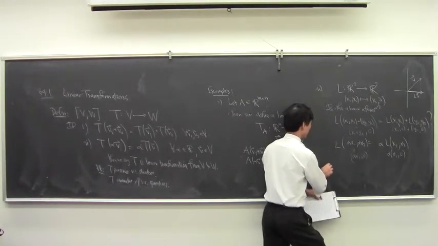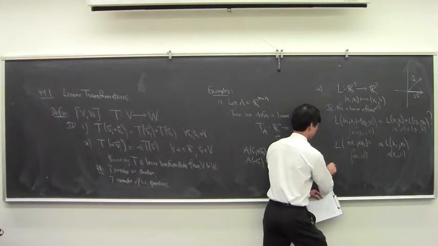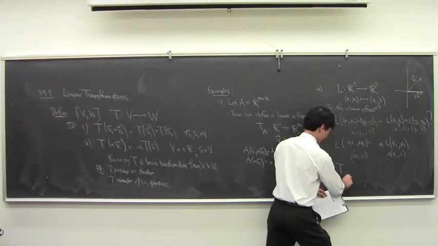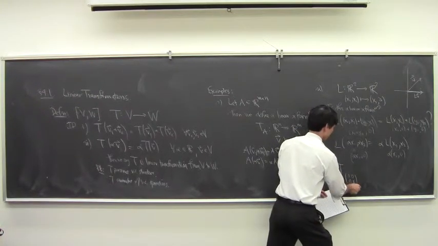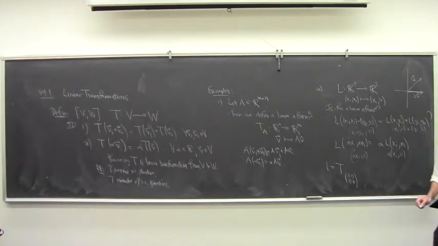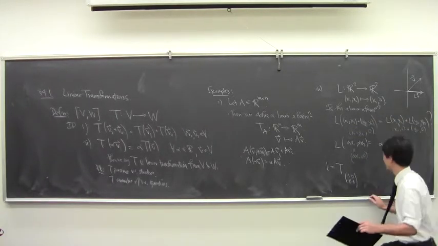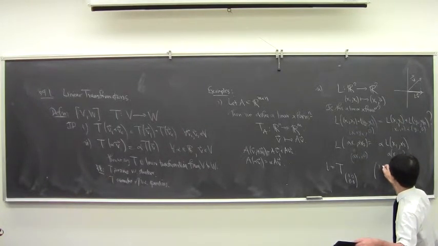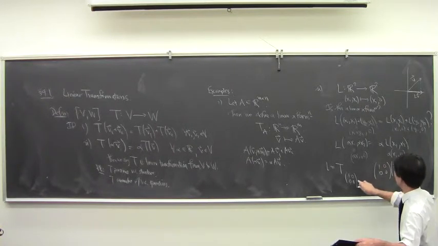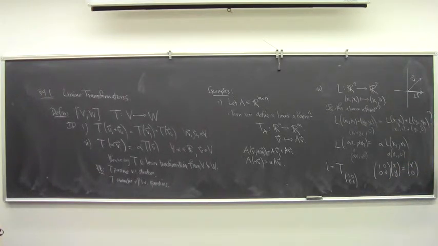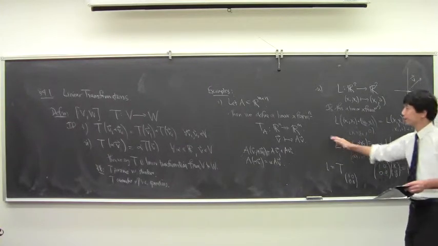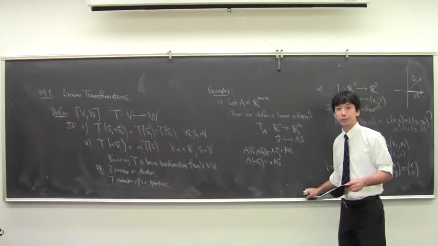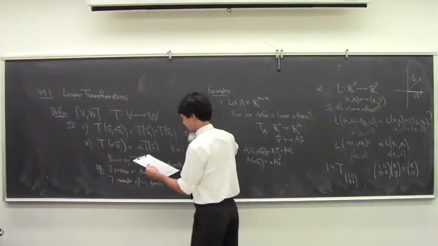Notice that L is the same thing as multiplication by the matrix with rows (1, 0) and (0, 0). If I take a vector (x, y) and I hit it with this matrix, I get (x, 0). L could be realized as an instance of this first general class of linear transformations.